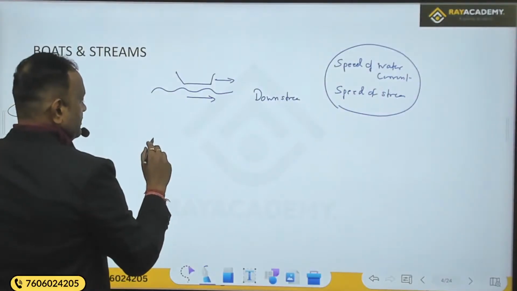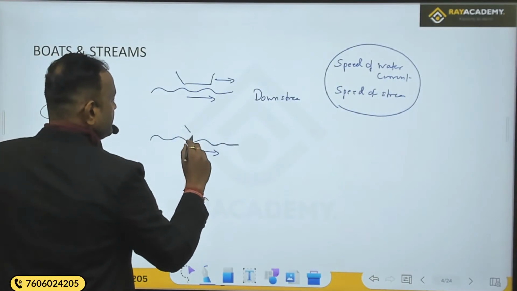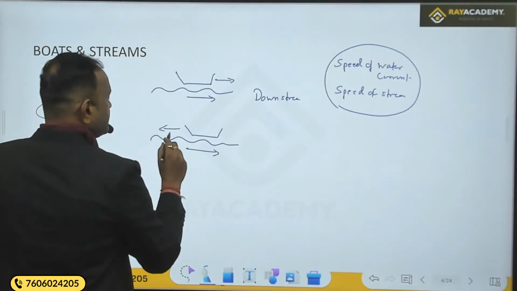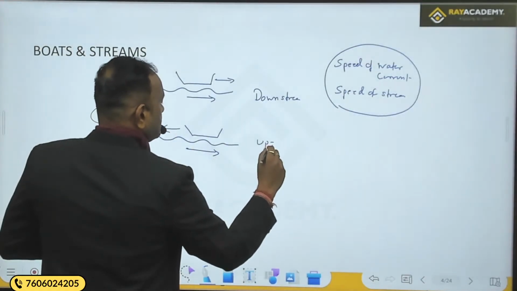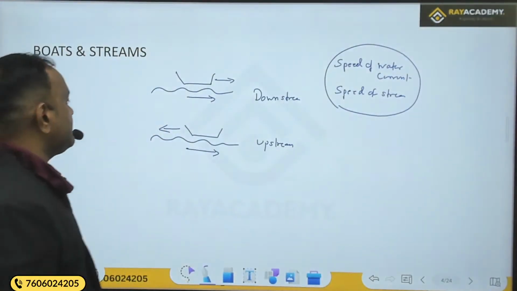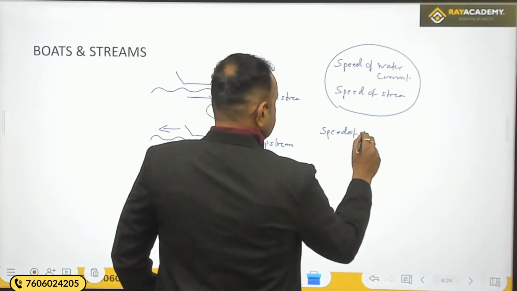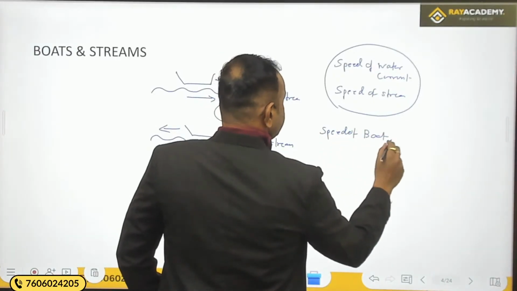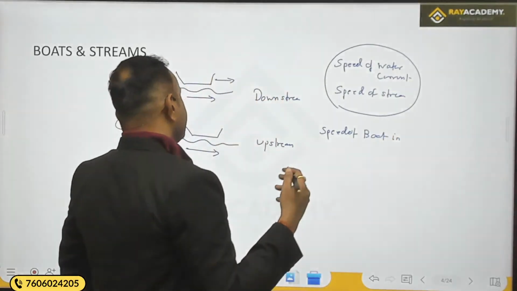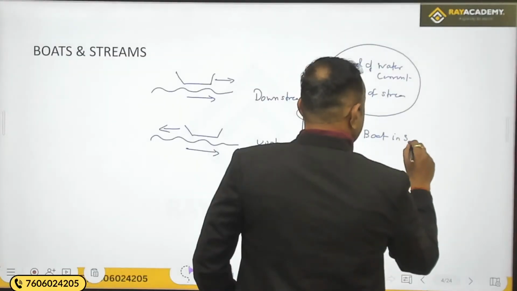If the speed of the stream is in this direction and the boat direction is opposite, that is said to be upstream. So now let us see the speed of the boat in still water, the boat's own speed when the stream is absent.